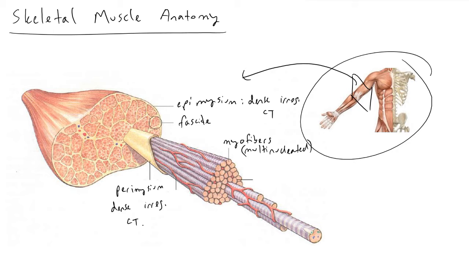This might seem weird because the definition of a cell is one cell, one nucleus, but what makes myofibers interesting is that they come from many individual cells that fuse their plasma membranes together, so one myofiber, which we technically call one cell, actually consists of many nuclei. What lines each myofiber is something called the endomysium, and it is irregular connective tissue.